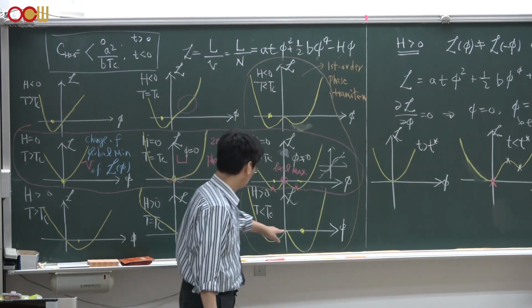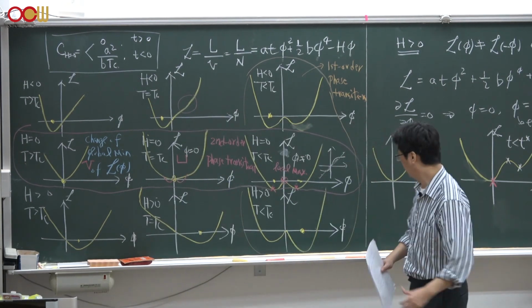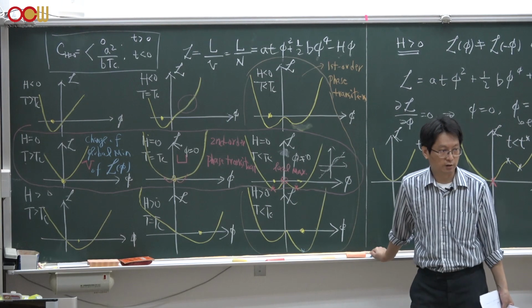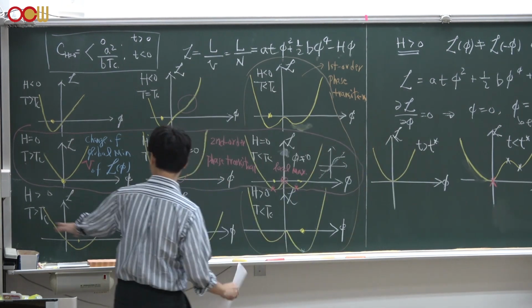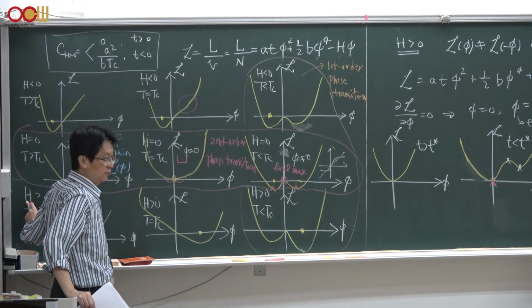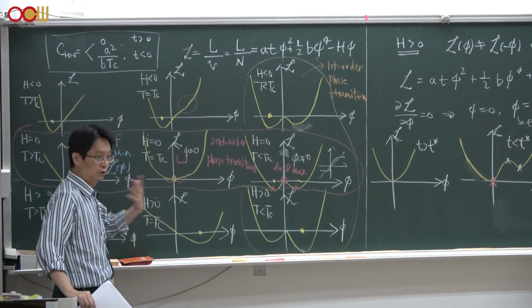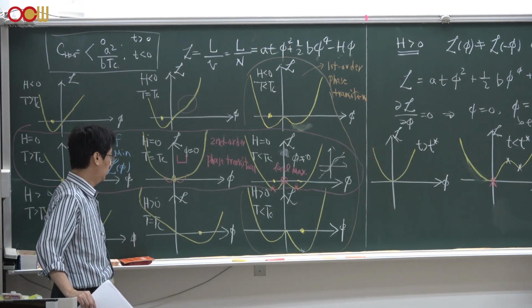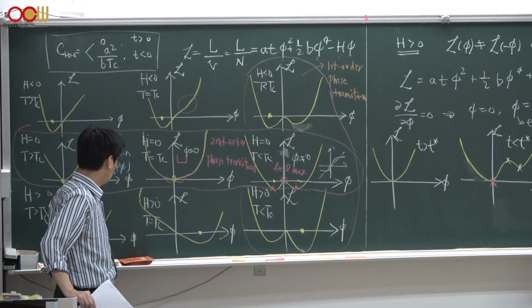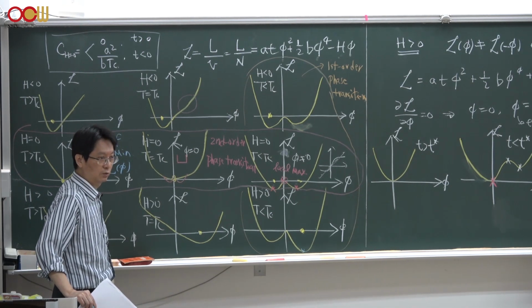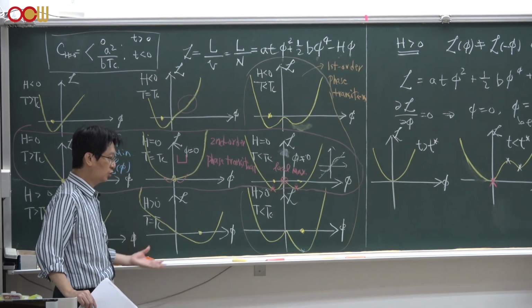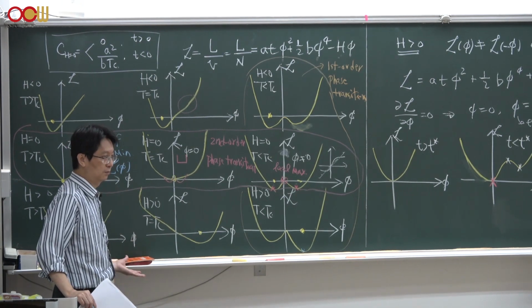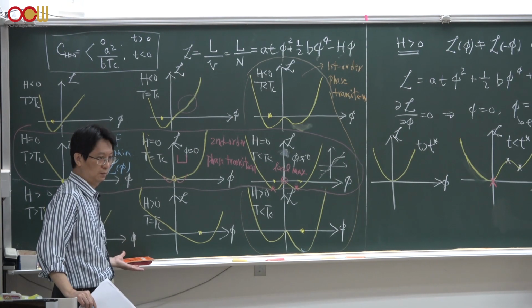But again, the right well is actually showing the global minima, which means that there's no phase transition if I am in a situation where the field is positive and you go from temperature higher than Tc to lower than Tc, and the global minima is still on the right. So no qualitative change and no change of global minima occurs.